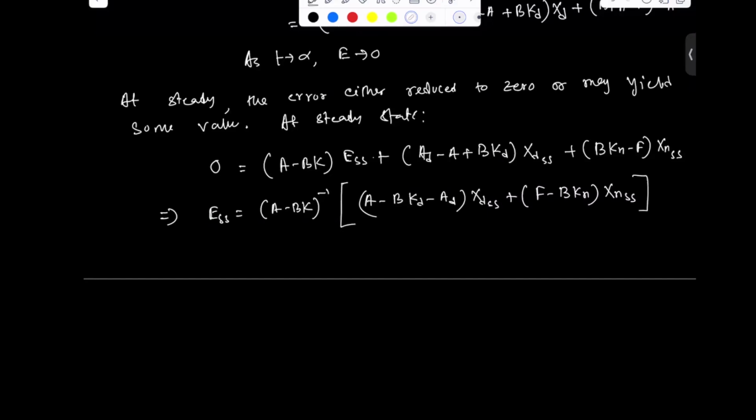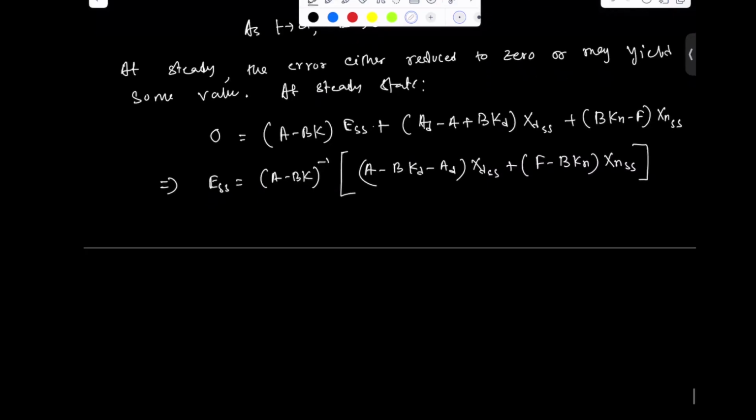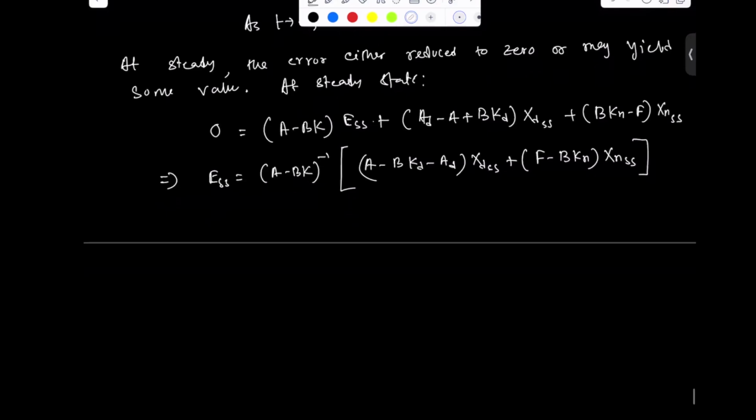You can write, right? So you see, in state feedback control, what you have learned, we can design this part, right? If you can manipulate the K matrix, we can make the eigenvalues of the overall matrix negative. So in that case, it is stable.